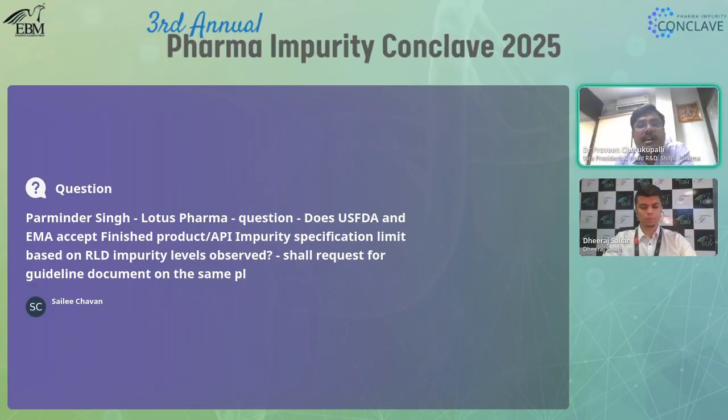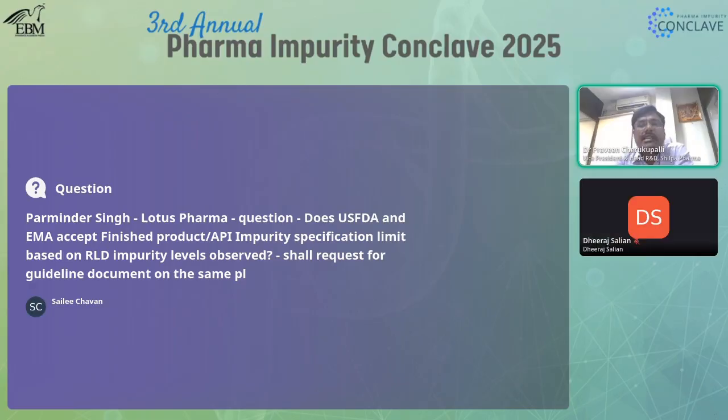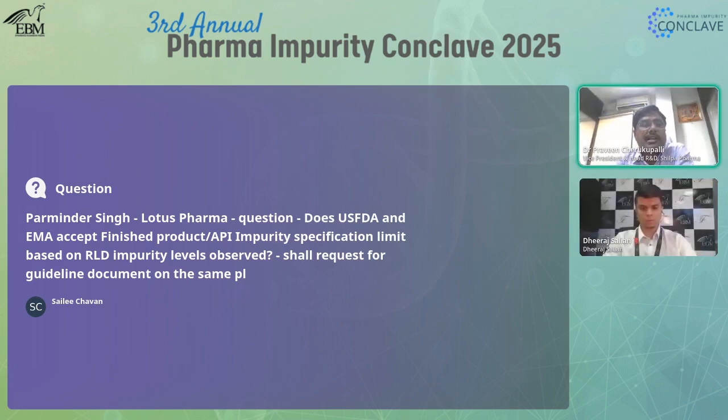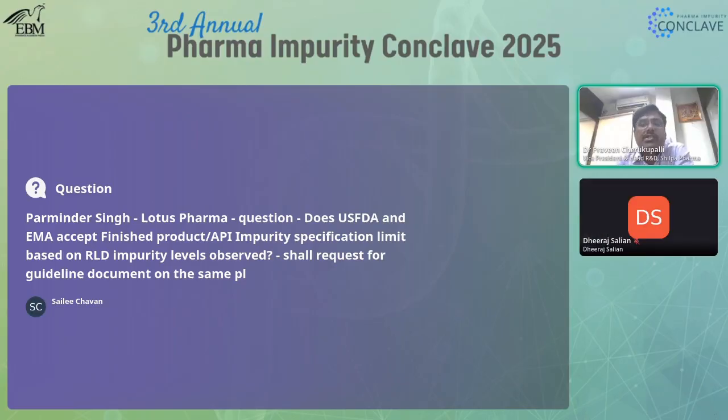Even authorities can't publish any guideline for this type of thing, because they give the relaxation based on the criticalities of the product. Sometimes, based on the toxicology studies for the impurities and the criticalities shown by the innovator, when the FDA is convinced, only then will they give the relaxed limit.